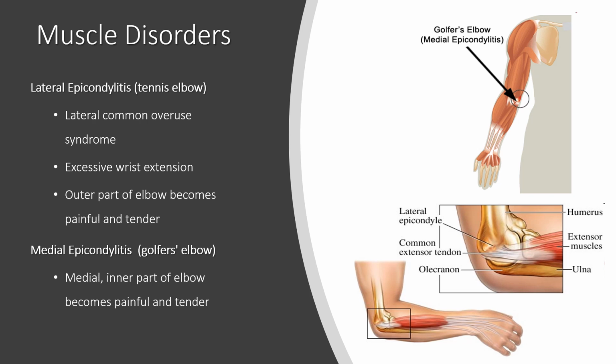This is the medial or inner part of the elbow becomes painful and tender. And this is because of that awkward medial rotation in the golfing movement for anybody who plays golf. So medial epicondylitis is golfer's elbow. So say these after me: lateral epicondylitis, medial epicondylitis.